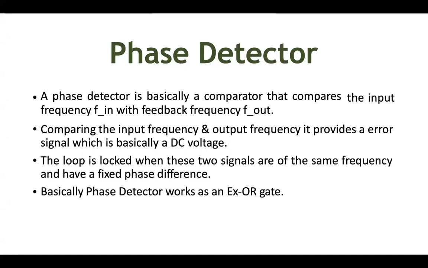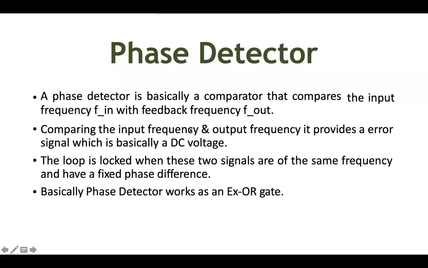And if the inputs are different, the output is going to be high, which means 1. So phase detector is basically a comparator that compares the input frequency F in with the feedback frequency F out. So two types of frequencies here, and the comparison happening between these two frequencies.